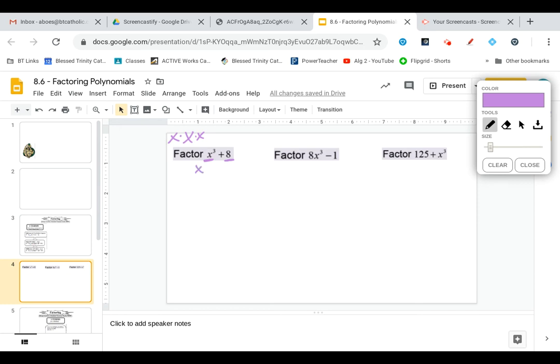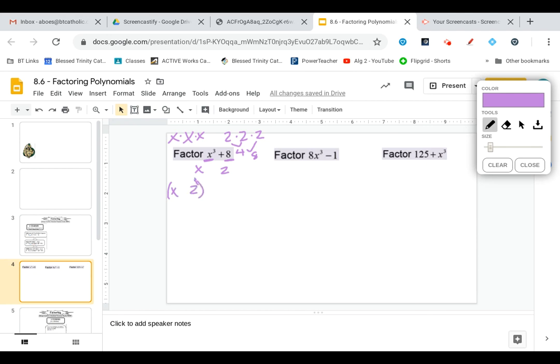And there is something I can multiply times itself 3 times to get 8, and that would be 2 times 2 times 2. 2 times 2 is 4, times 2 is 8. So the cube root of 8 is 2. Then I just follow my SOAP rule. I have x and 2. Those are my two cube roots.